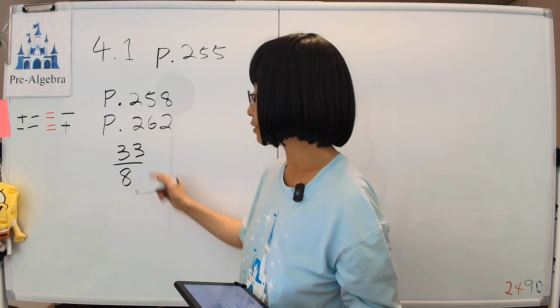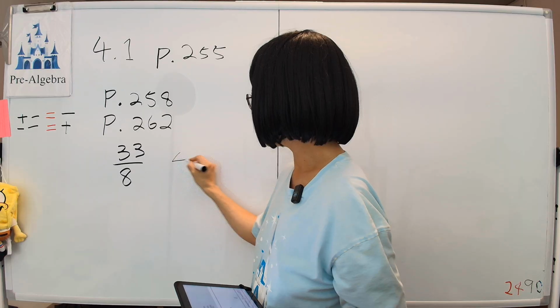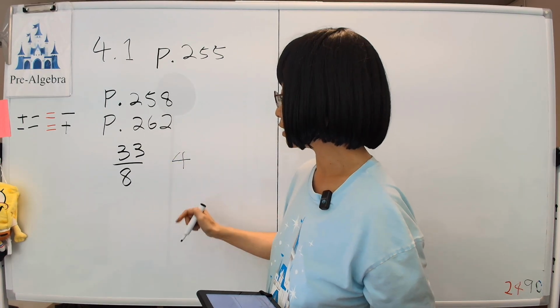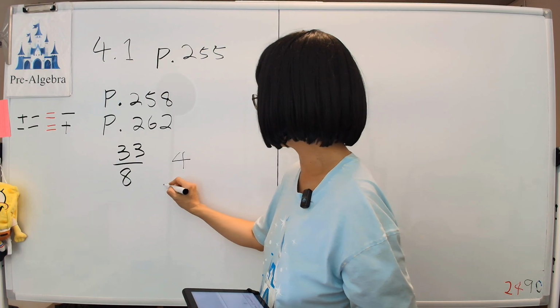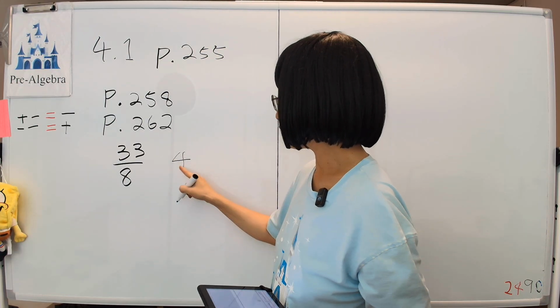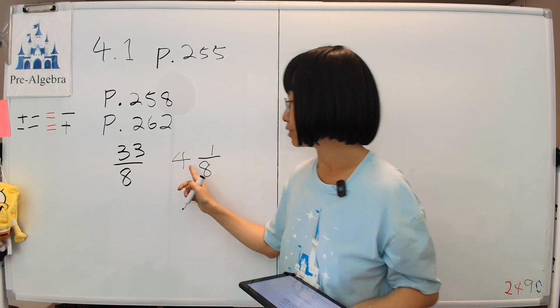Well, the biggest number you can come up with would be 4, since 4 times 8 is 32. So 33 divided by 8 is 4, which gives us 32, and the remainder is 1. So we have 4 and 1/8.